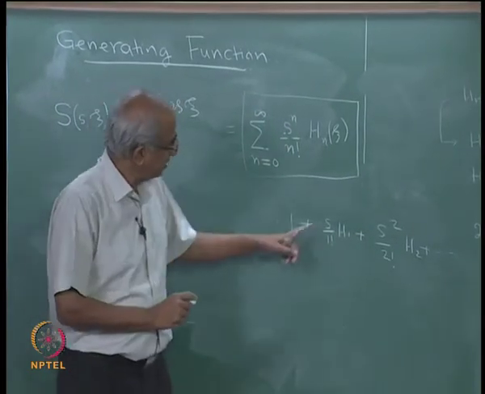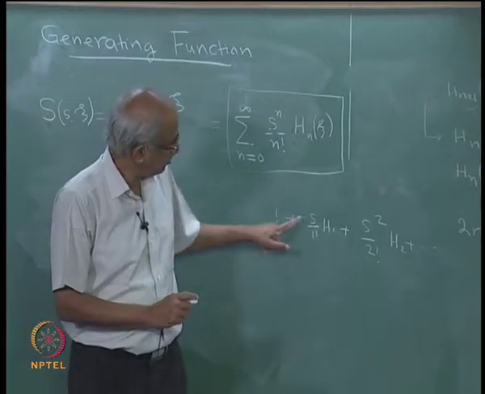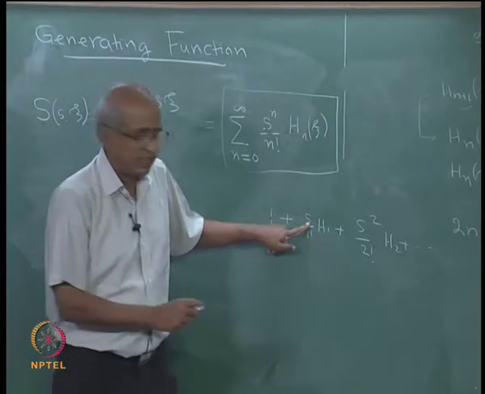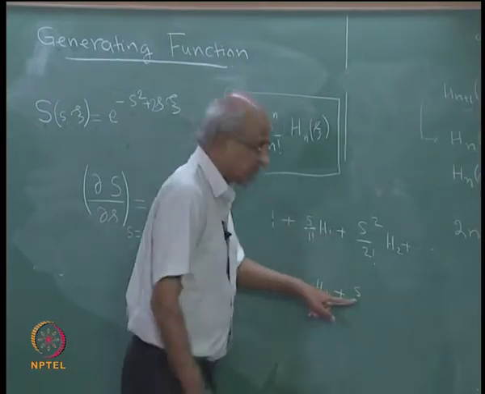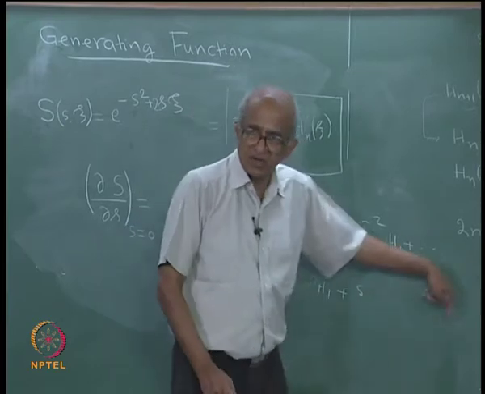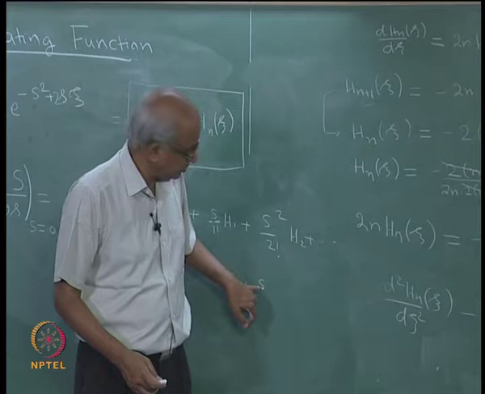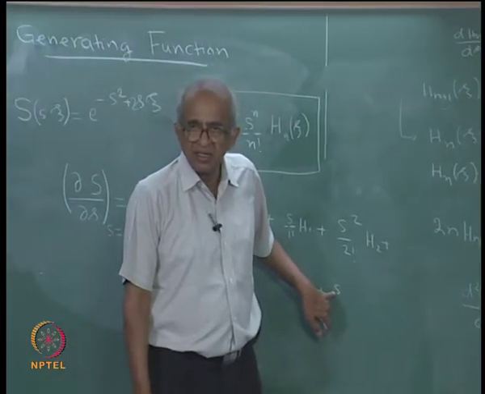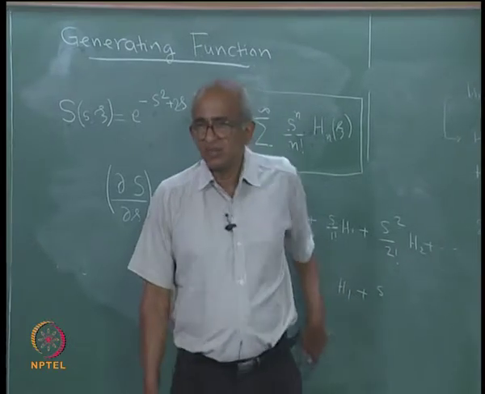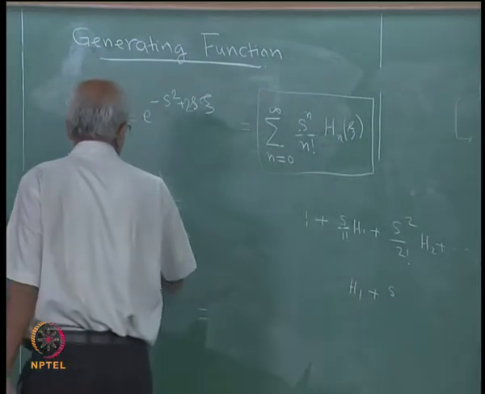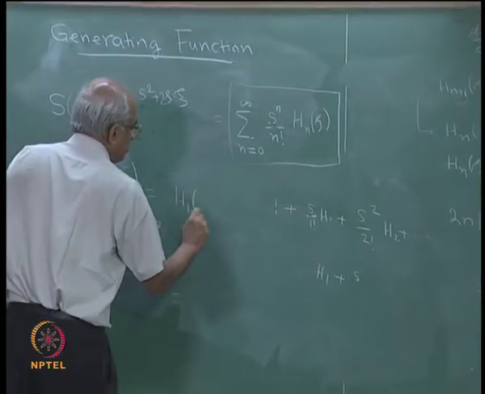So, if you are differentiating with respect to s, this 1 will go, this term will survive as h1, and then you will have terms involving s, and then higher order terms involving s square, etc. But the moment you put s equal to 0, these are going to disappear, and therefore you will be left with only h1. So, if you differentiate once with respect to s and put s equal to 0, you are going to get h1 of c.